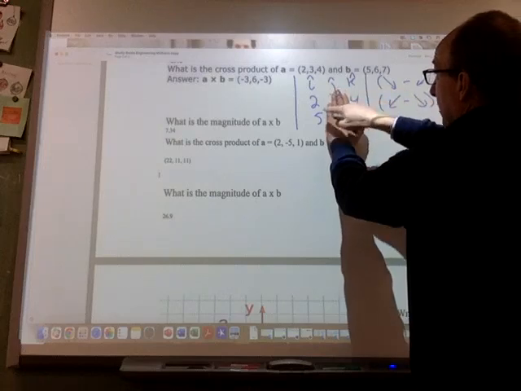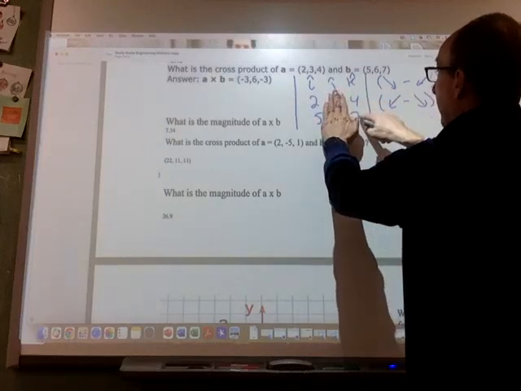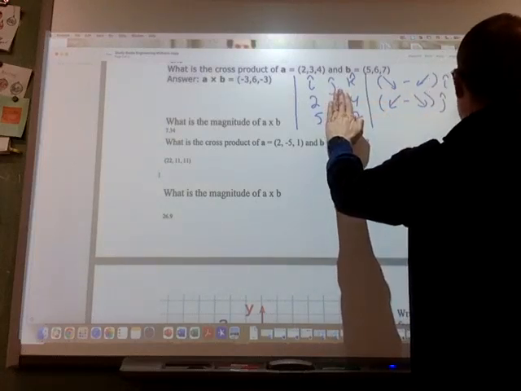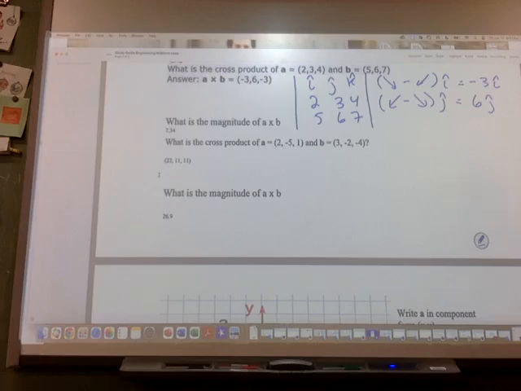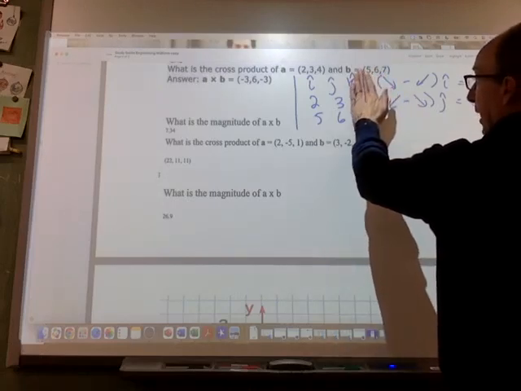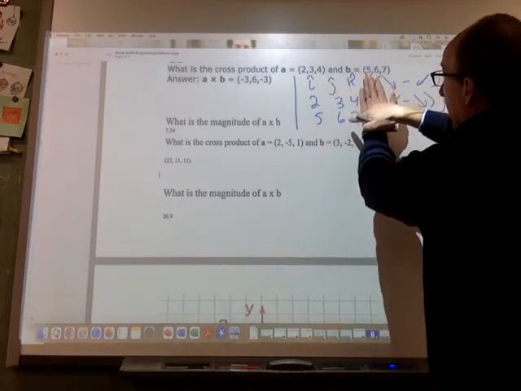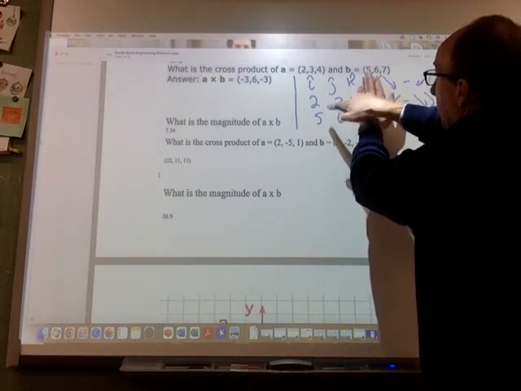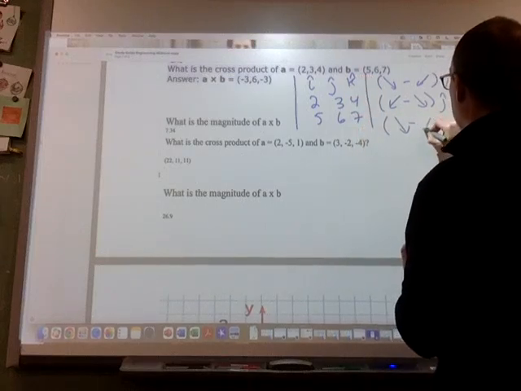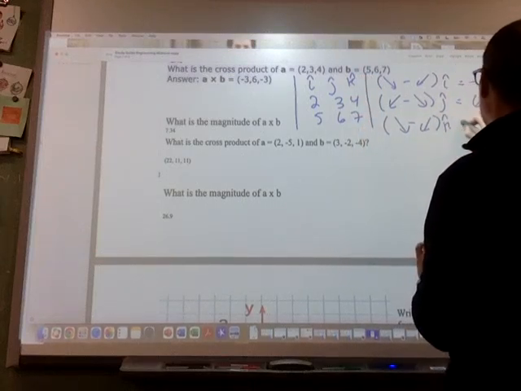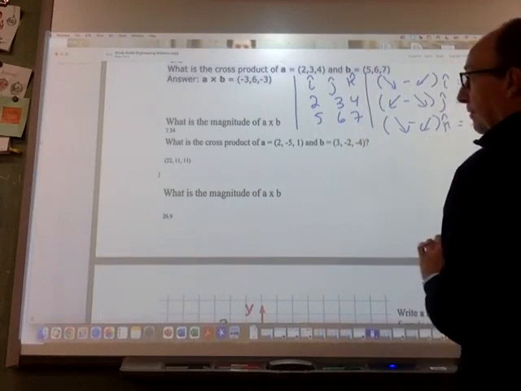So I have 4 times 5 is 20, 2 times 7 is 14, and that gives me 6 j hat. And then k hat goes to the original way, which is going to be 2 times 6, which is 12, minus 3 times 5, which is 15. So that is going to give us negative 3 k hat.